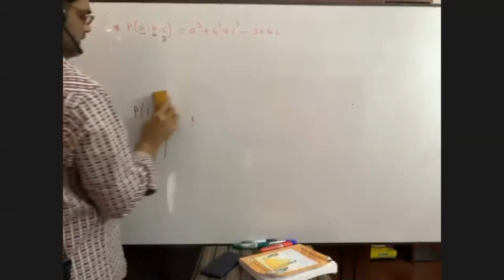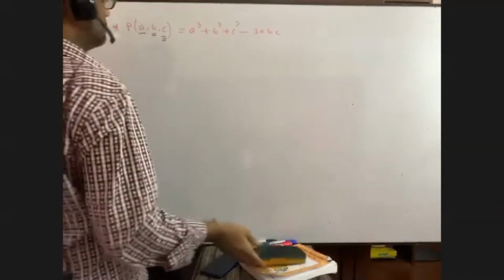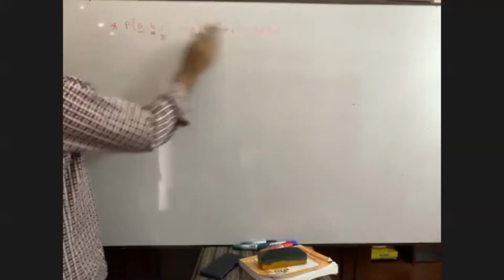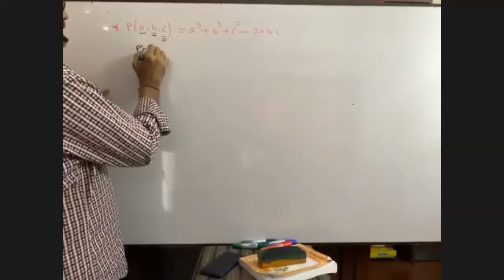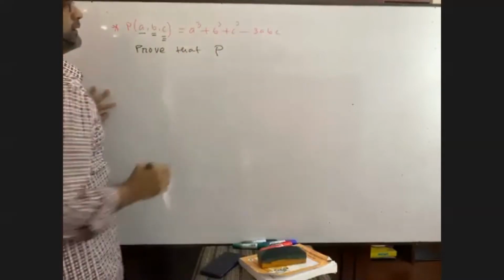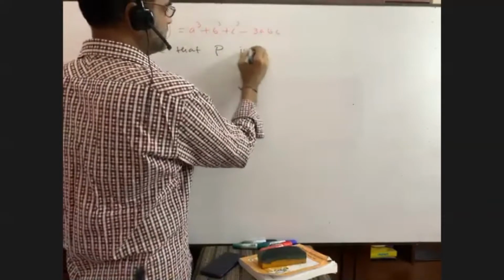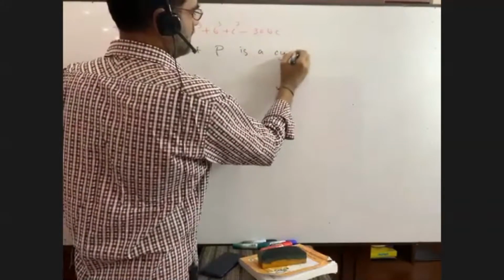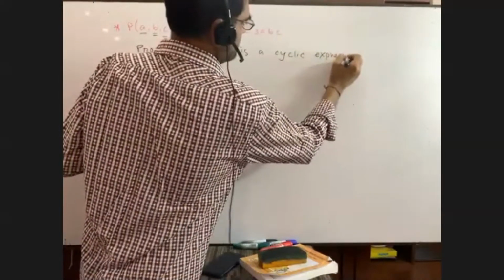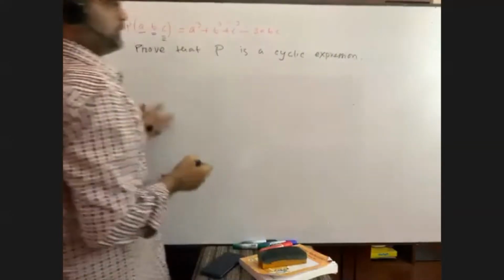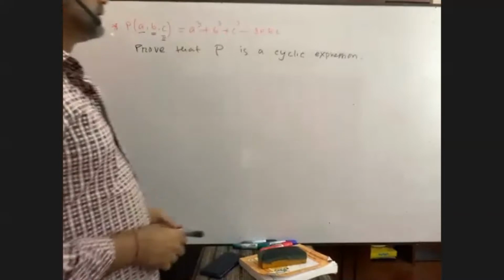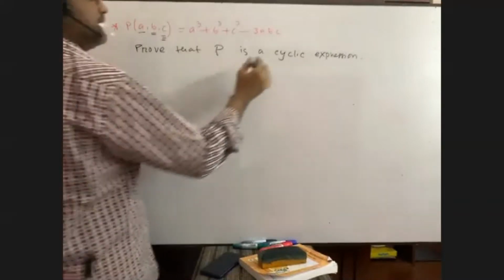Now you see, you are told here to prove that P is a cyclic expression. You have to prove this. Now, what is meant by this cyclic expression?